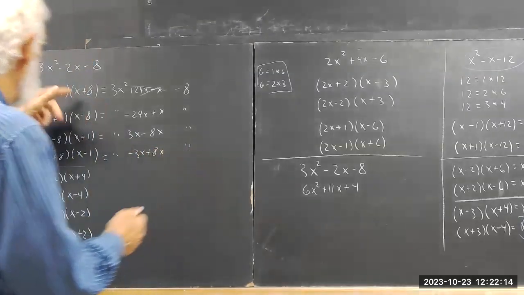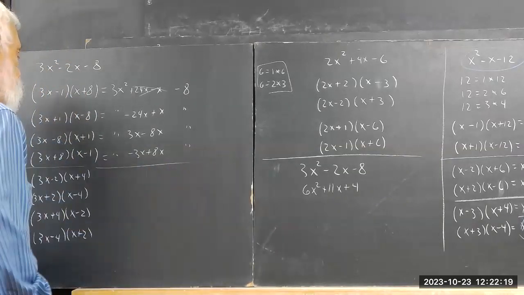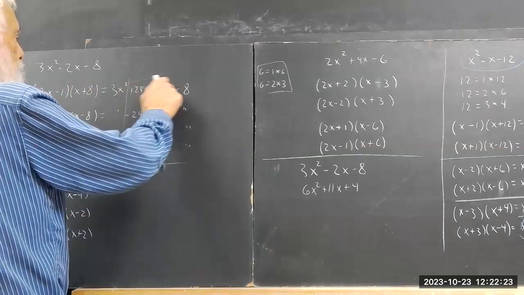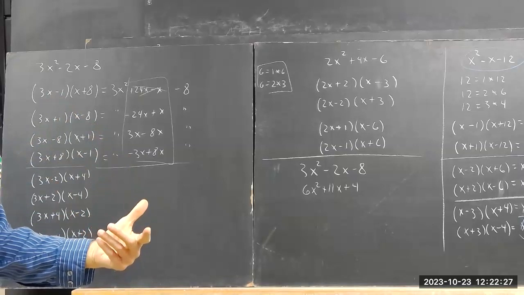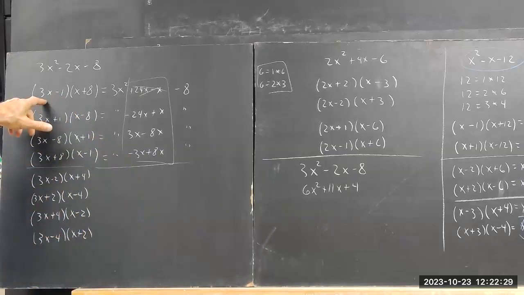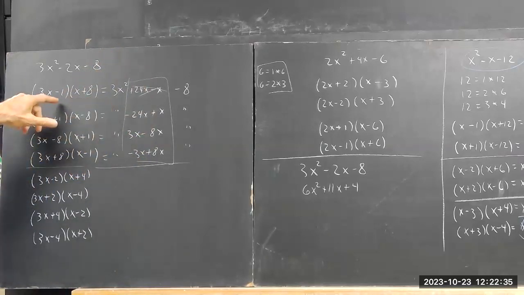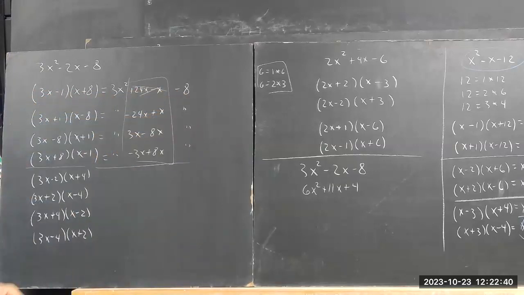Well, that's going to be a positive multiple of x, so that's not going to work. And so we can, again, just focus ourselves on what happens with the x terms. Does that make sense? Because we know that having a 3x here and an x here, we're always going to get 3x squared. And having two numbers that multiply out to negative 8, we're always going to get negative 8.